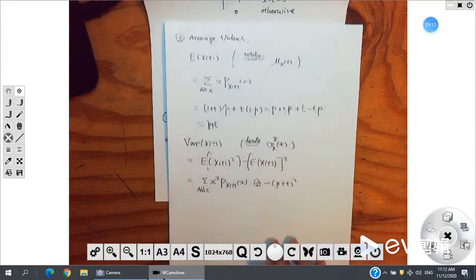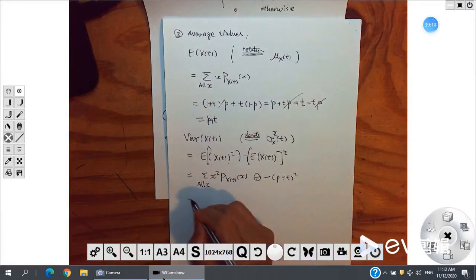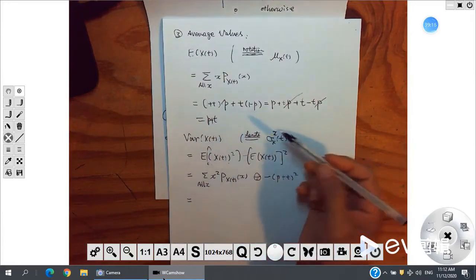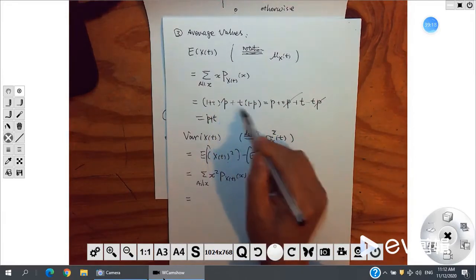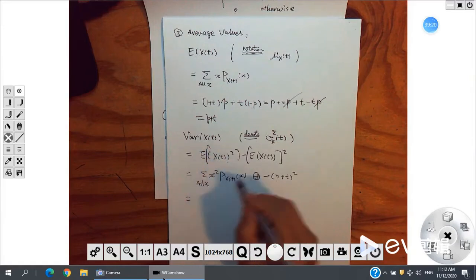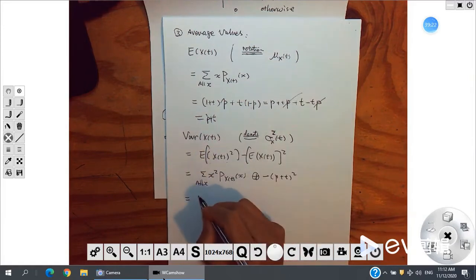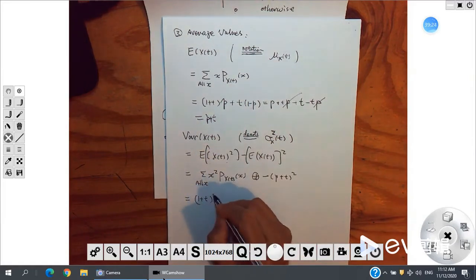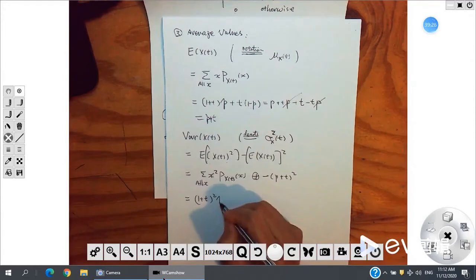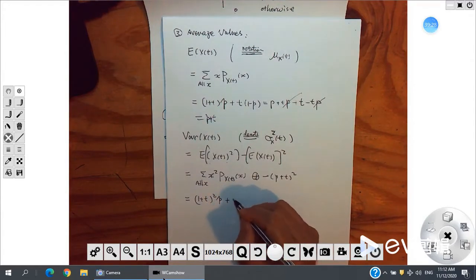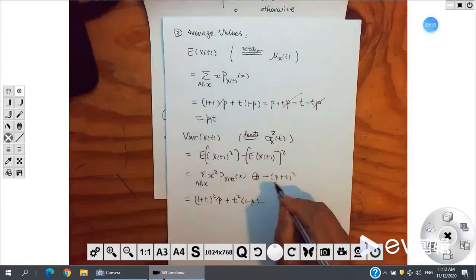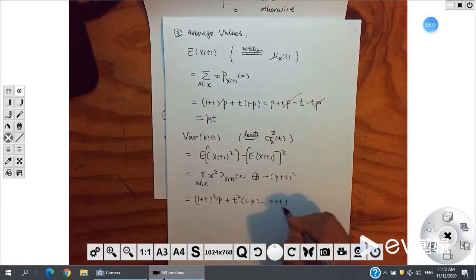And we only have two non-zero probabilities. So x is 1 plus t, now squared, times the probability p, and x is just t squared times the probability 1 minus p, and minus this one, p plus t squared.